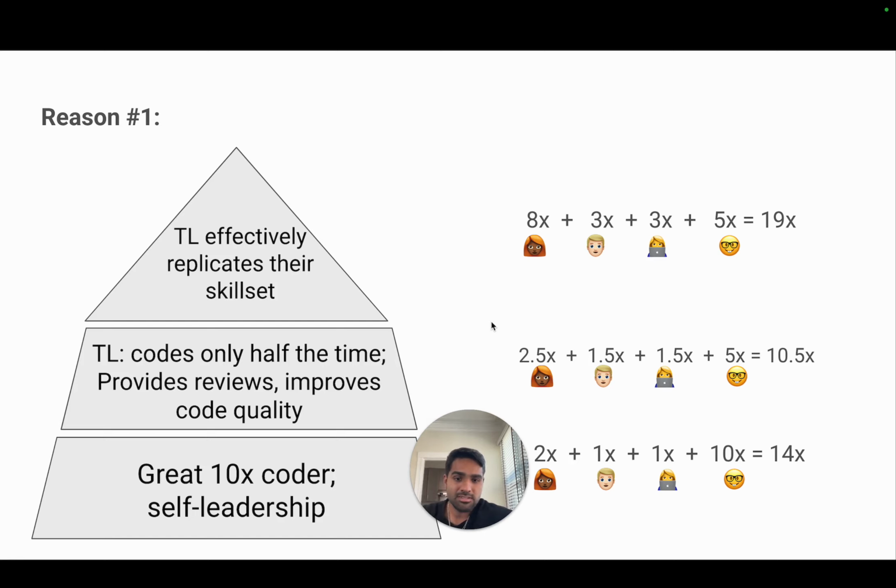And if I look at this, as a great TL, what you have done is you have increased the efficiency of others. You're coding half the time, but the net output is greater than what it was before. And that's what effective TLs do. They multiply themselves to increase team's output. So that's number one reason.